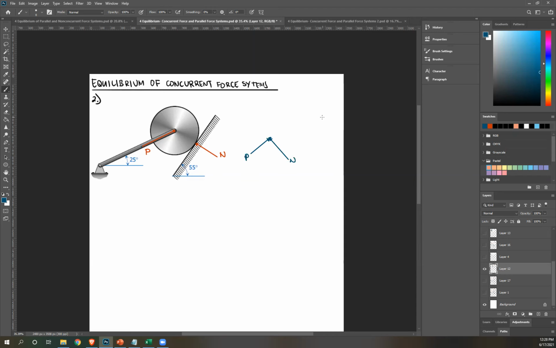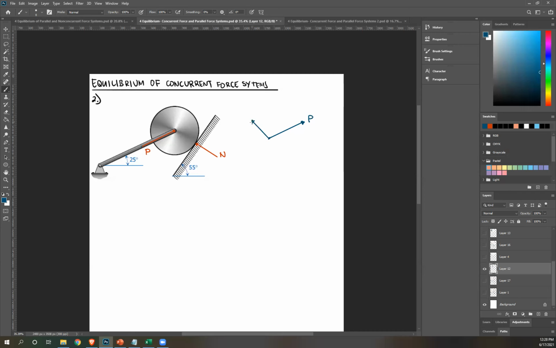So this is P, and then N is over here. I'm just gonna extend that. And this is now your N. And then these are the angles that we want to figure out.